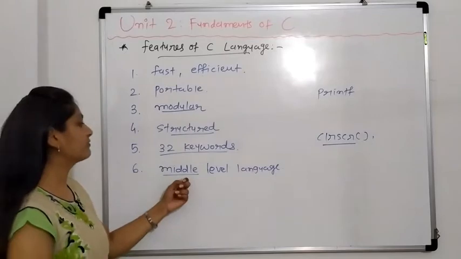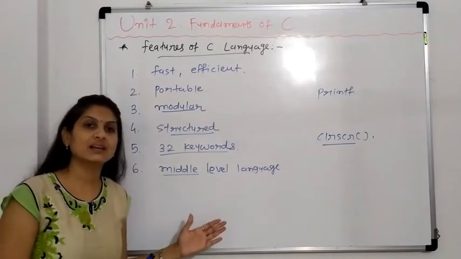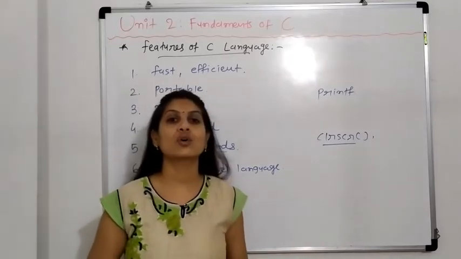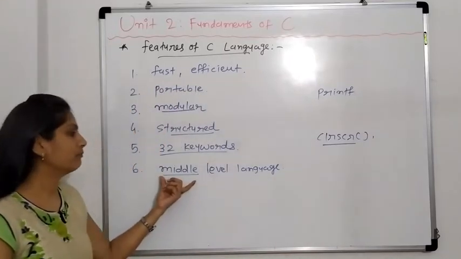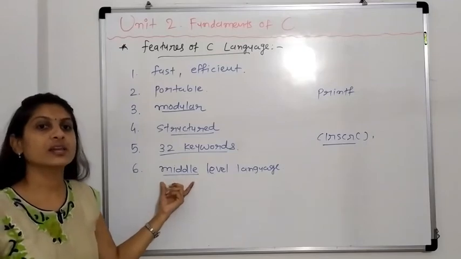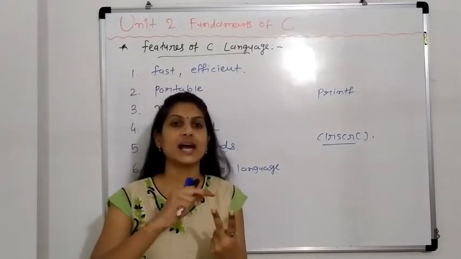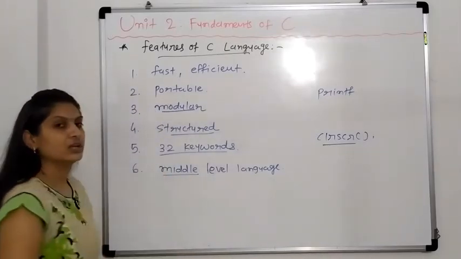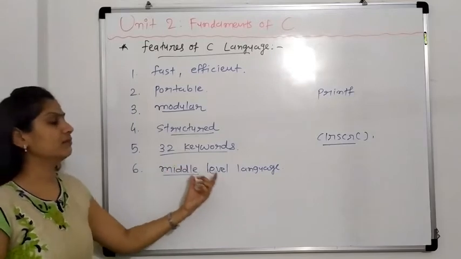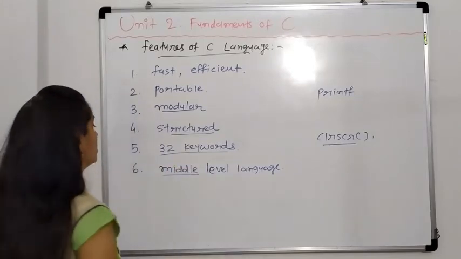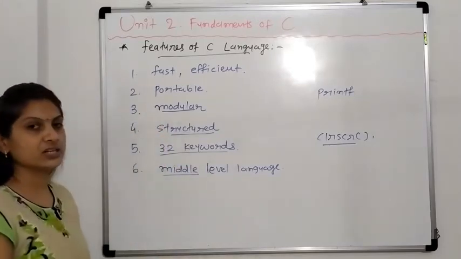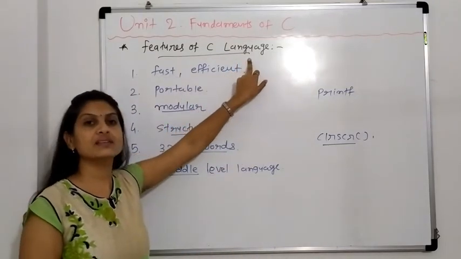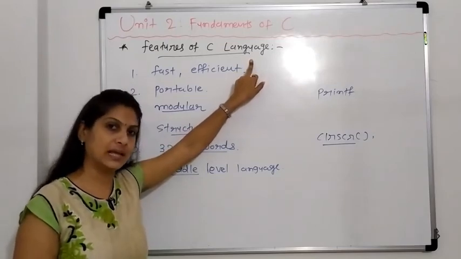So it has features of both high level and low level, and it has bitwise operators for using both the features, high and low. So in between high and low, the word is middle. So the name given is middle level language. These all are the features of C language. That's why we are using C language as our programming language.